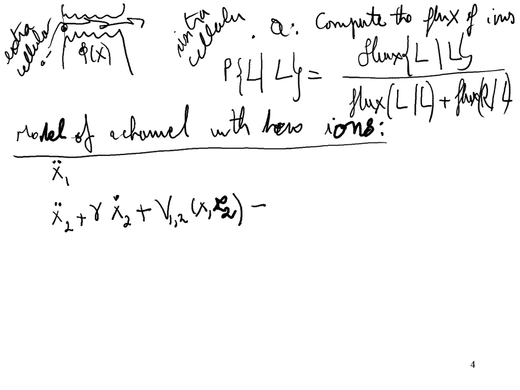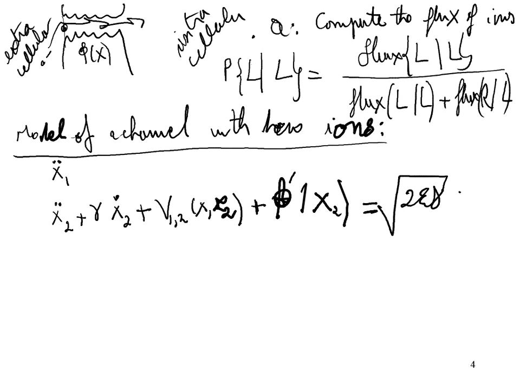Plus, there can also be a direct interaction, which we call phi prime of x2, that will only depend on the position of x2. Now this is equal to noise, so this is 2 epsilon gamma square root and W2 dot.